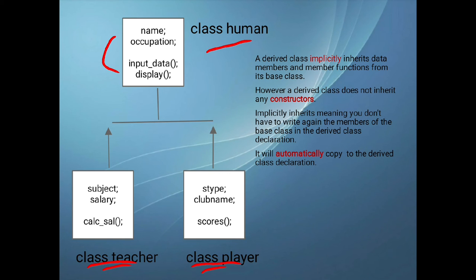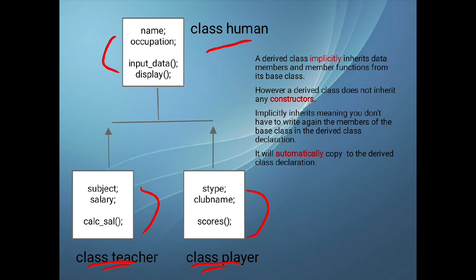Okay, so you can see that every class, though it is inherited or derived, has the data members and the member functions unique to its own class. Class human has its own unique members, class teacher has its own unique members, and class players has its own unique members.